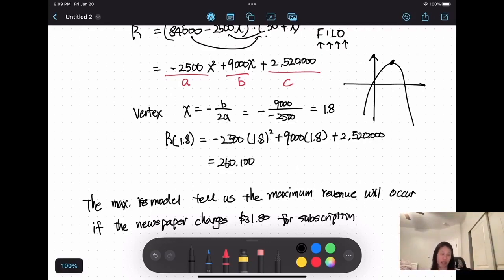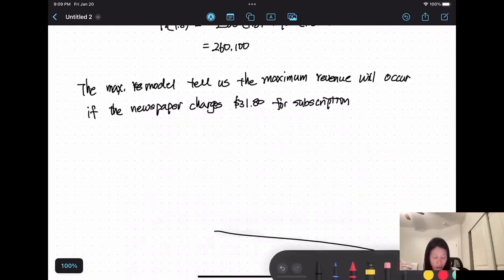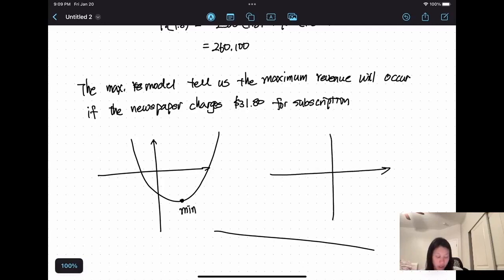Okay. So how do I know, if I give you an equation, when I'm going to get a maximum and when I'm going to get a minimum? Well, think about a quadratic function. If the graph opens up, you will get a minimum. If the graph opens down, you will get a maximum at the vertex.